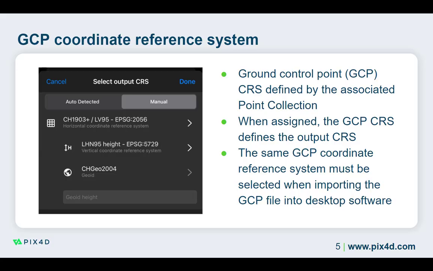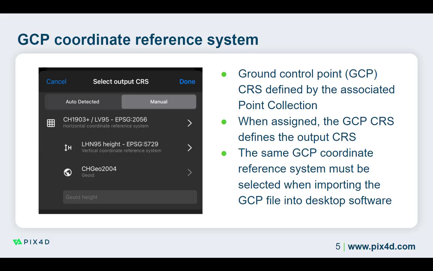When working with Pix4Dcatch, the GCP coordinate reference system is selected when measuring or importing the GCP coordinates. When a point collection is associated with a dataset, the GCP coordinate reference system will also be applied to the dataset. When ground control points are associated with a dataset, the GCP coordinate reference system defines the output coordinate reference system.